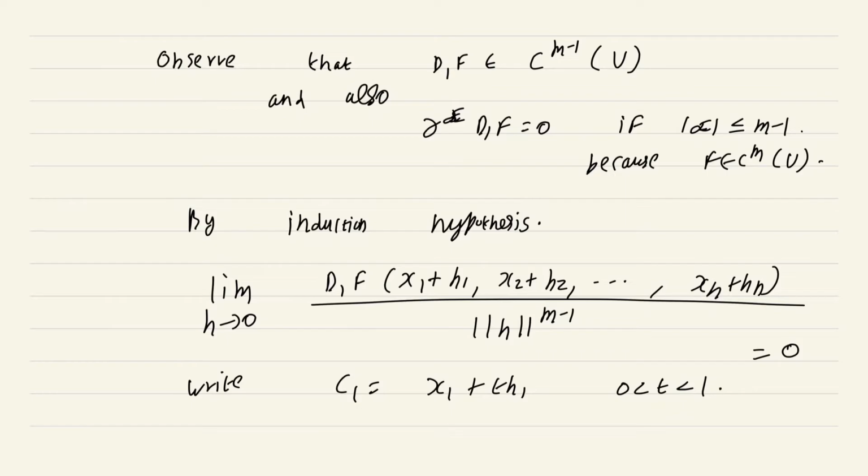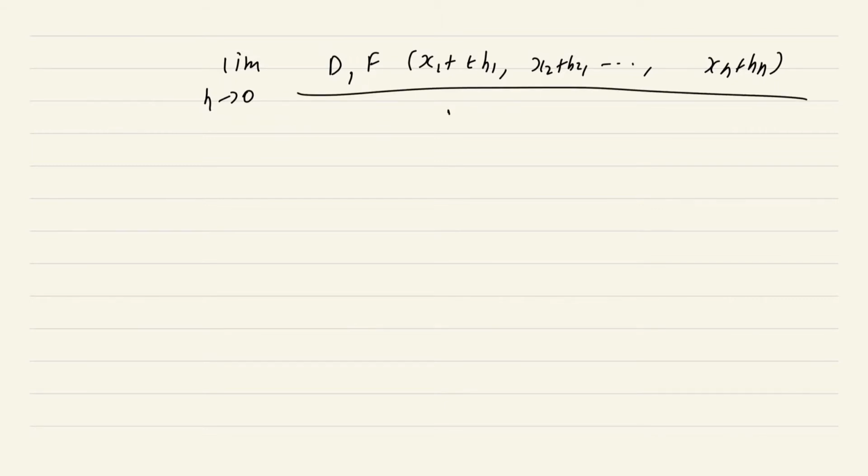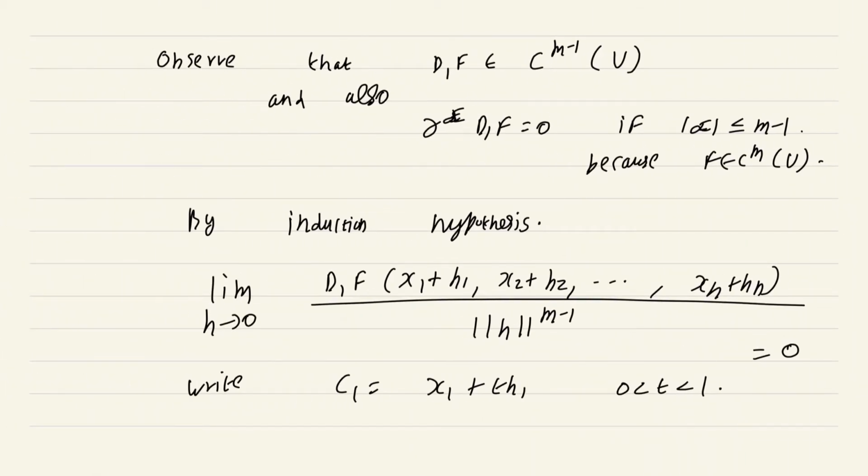So we are reduced to showing that the limit h going to 0 of d1 of f of x1 plus t h1, x2 plus h2, dot dot dot xn plus hn, divided by norm h to the power m minus 1, equals 0. So this is what we have to show.